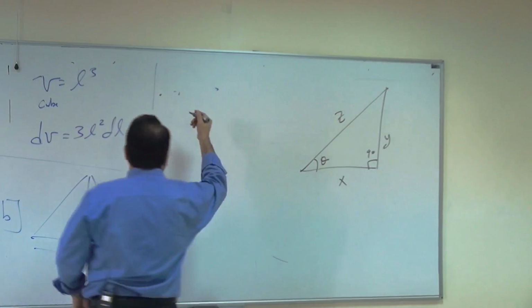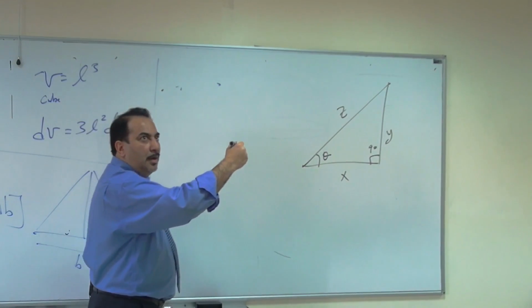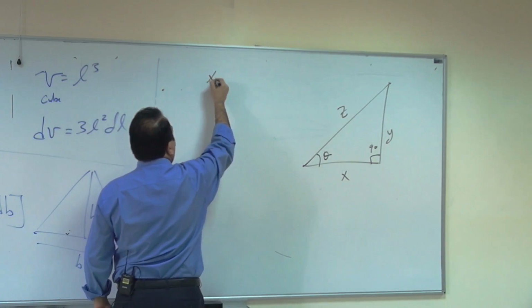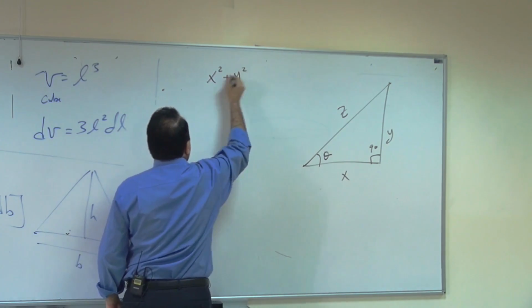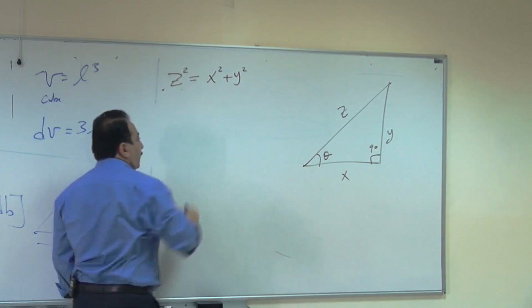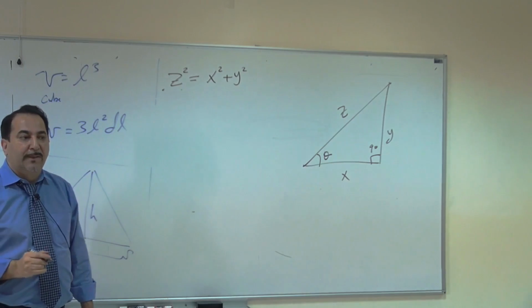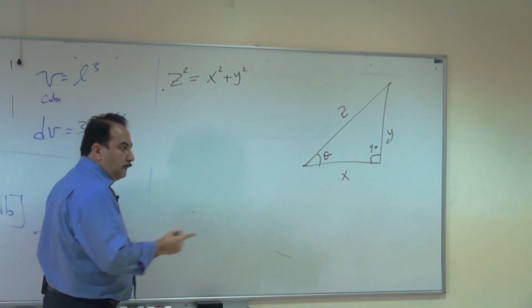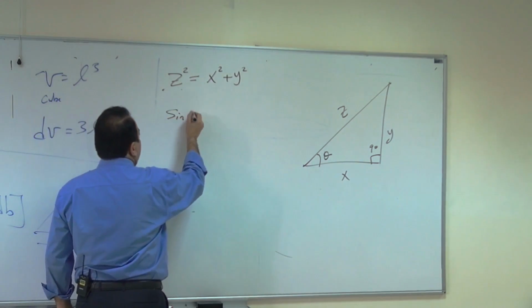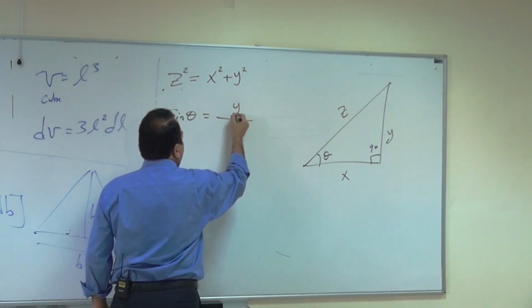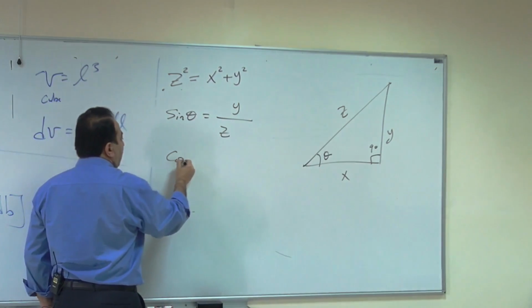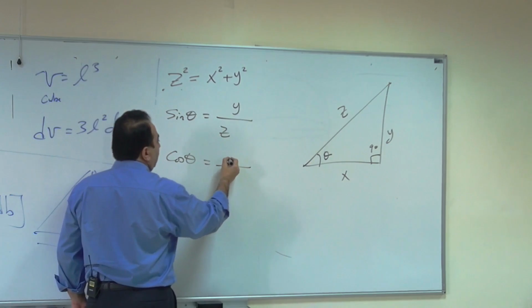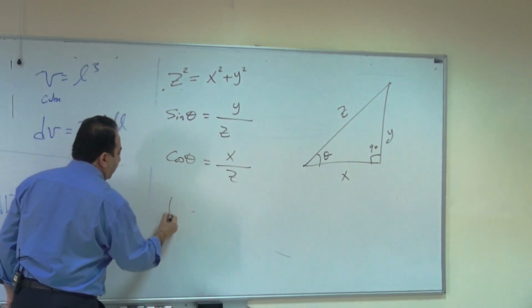What is the first formula? x squared plus y squared equals z squared. Good. What else? Sine theta equals y over z. Cosine theta, tan theta.